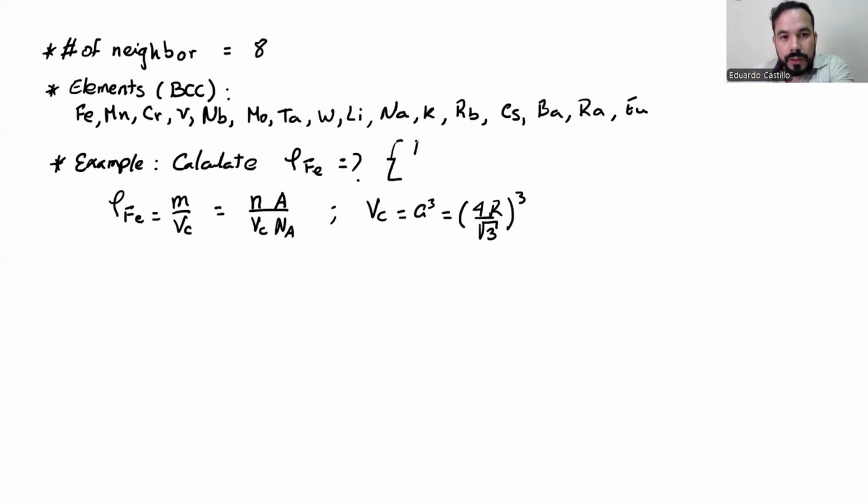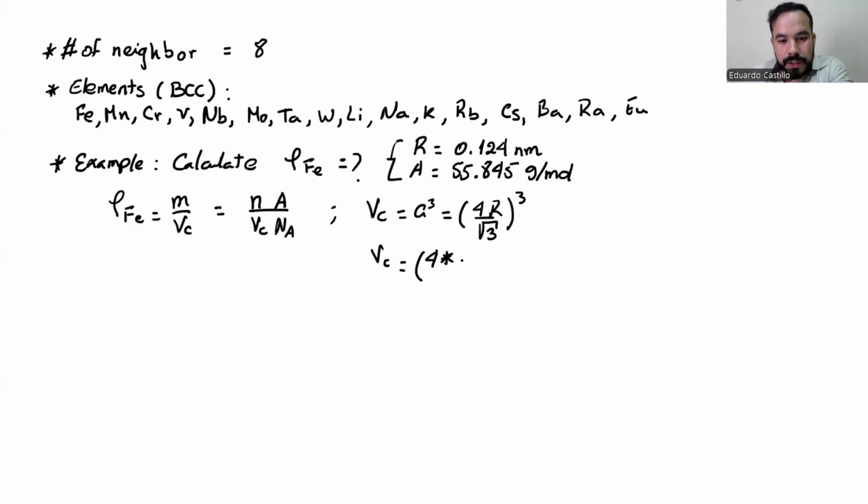So first of all, the radius of the atom is equal to 0.124 nanometers, while the atomic weight for iron is 55.845 grams per mole.